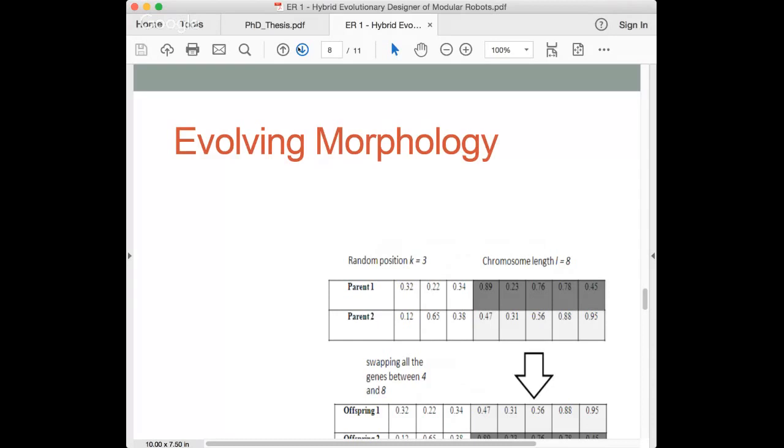A single number in a randomly selected position, which is k, for example k equals 3 in our first example, is selected uniformly at random, and then the two new body strings are created by swapping all the numbers between positions k plus 1, which is 4, until the end of the string. In order to maintain diversity in the search space, we applied random mutation to each offspring in the population with a predetermined probability.